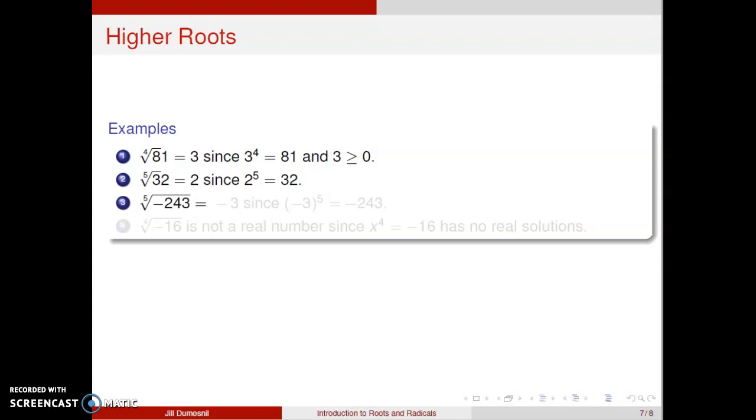The fifth root of negative 243 equals negative 3, since negative 3 raised to the fifth power gives us negative 243. The fourth root of a negative number is not a real number because fourth powers of real numbers are never negative.